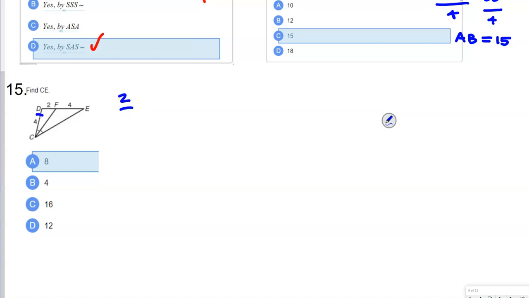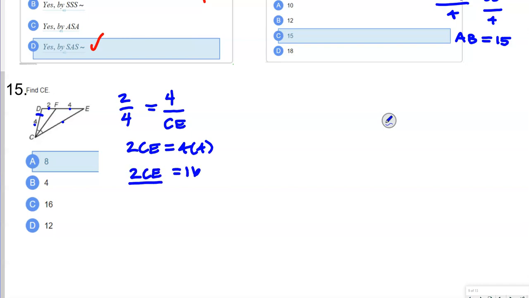So 2 over 4 is equal to, again, we did the end over the side, so we're doing the end over the side. So we're going to do 4 over, and then it's CE, right? So again, we're cross multiplying. So this is going to be 2CE is equal to 4 times 4. I think all of y'all know that's 16. And 2 divided into 16 is going to be 8, right? So CE was equal to 8.